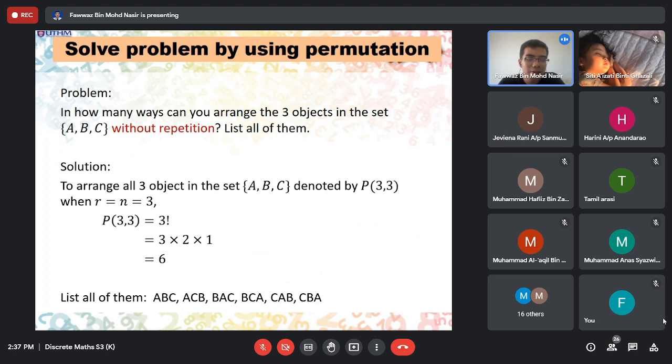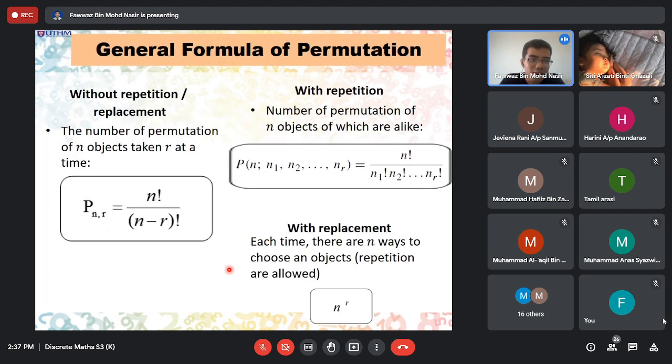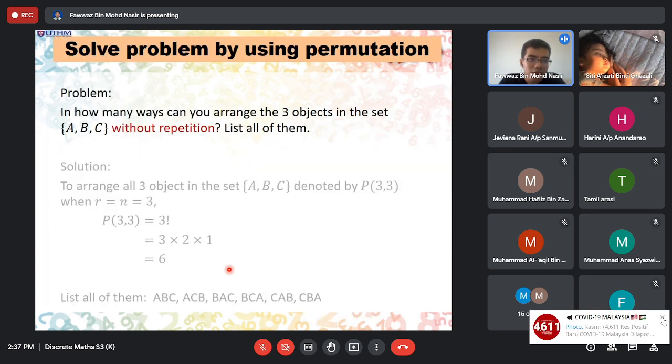So basically the number of ways we can arrange 3 objects from this set is 3 factorial. P 3 equals 3 factorial, equals 3 times 2 times 1, equals 6. If you use the formula you'll get the same answer, because it says n factorial divided by n minus r factorial.